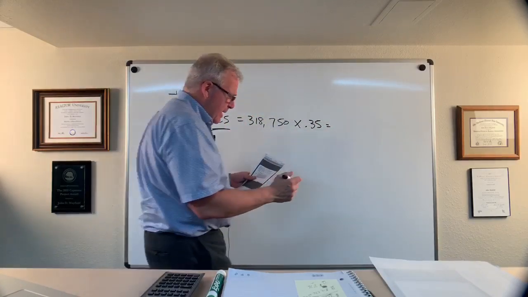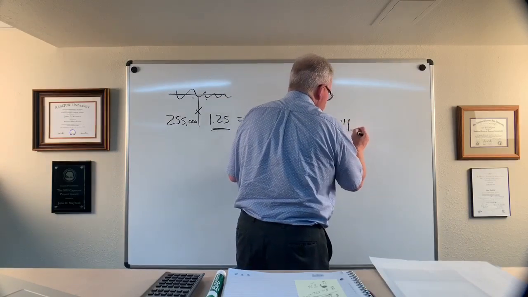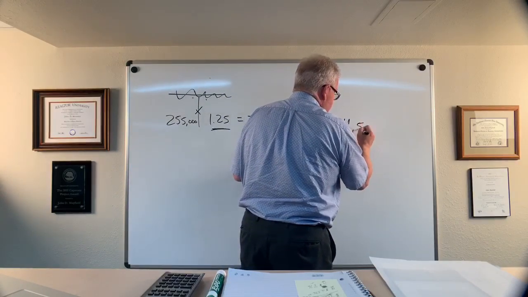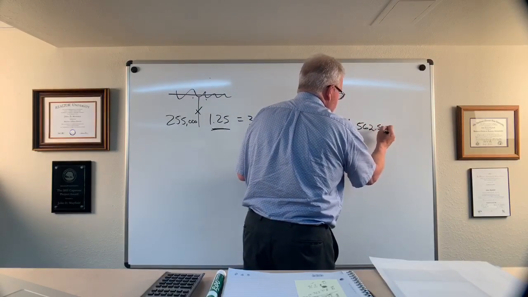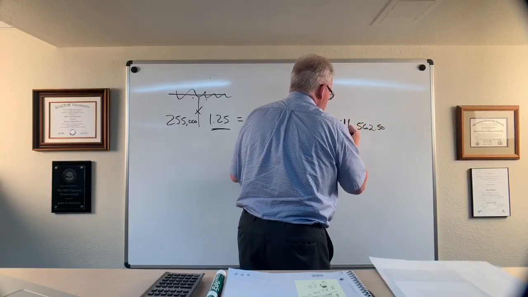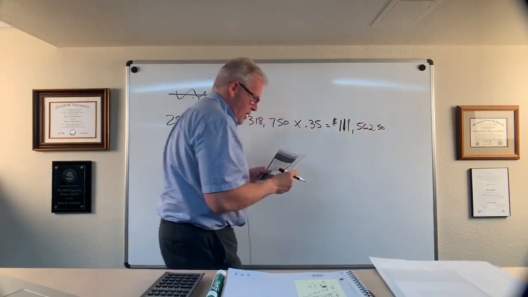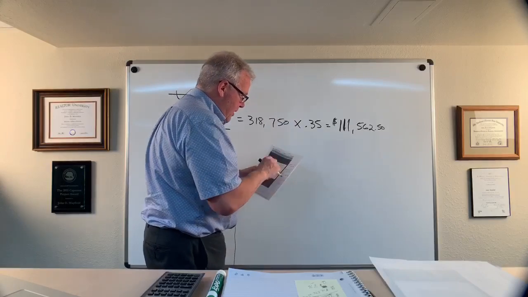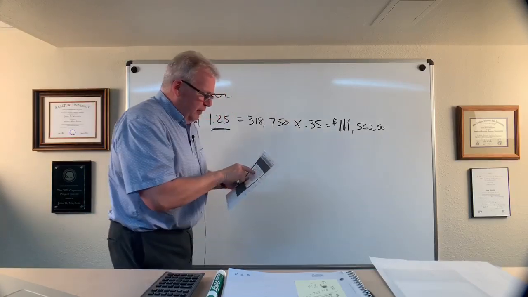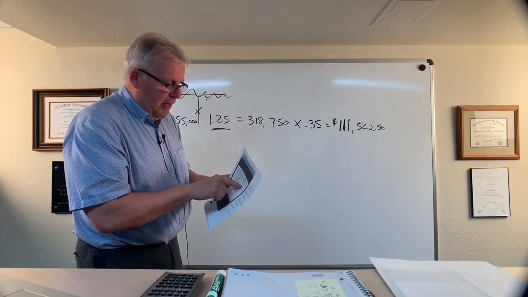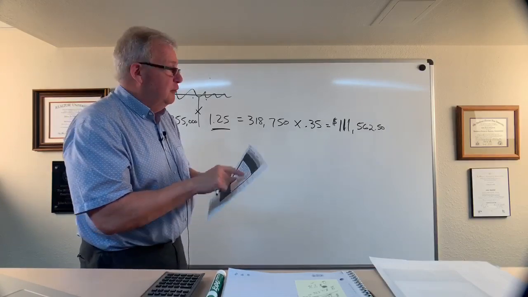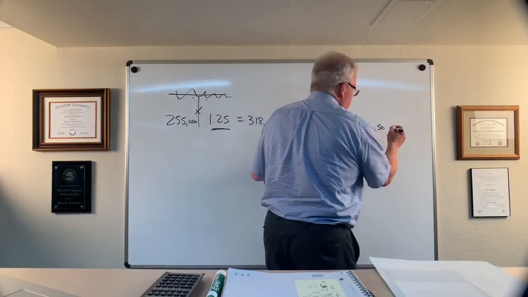And with that, I get 111,562.50. All right? There, it says, what is the amount of real estate tax due if the tax rate is $3.50 per $100 of assessed value?